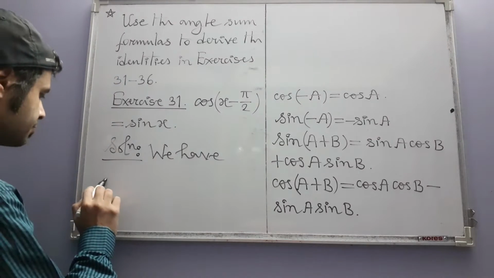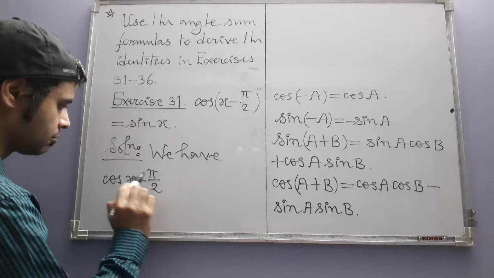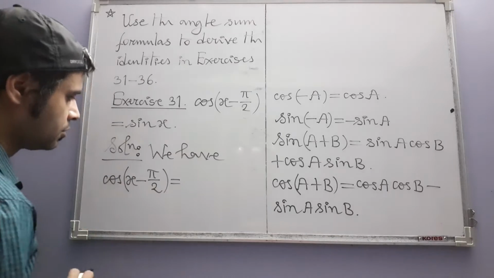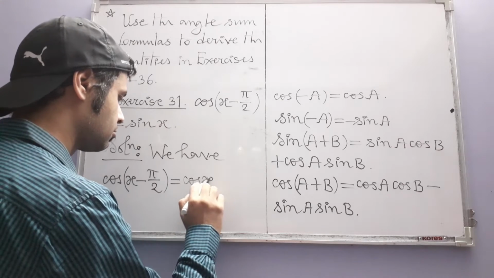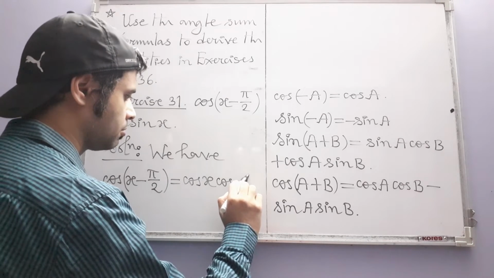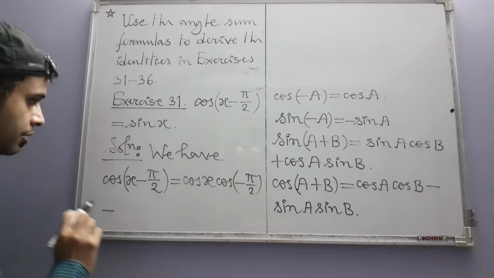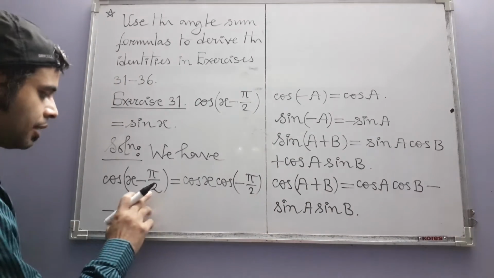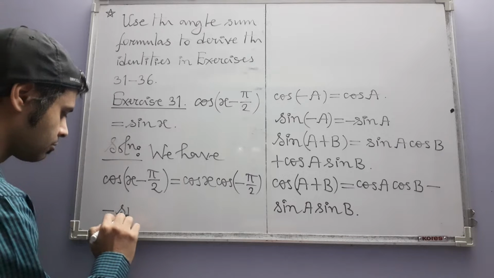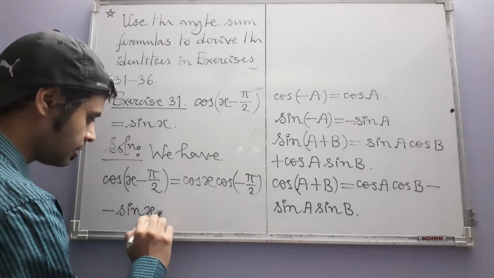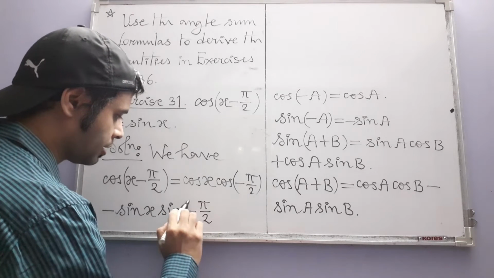We have, so we are going to just simply use this one. Cos x cos of minus pi over 2, minus, because it is after all a plus b, where b is minus pi over 2, so that's why minus sin x sine of minus pi over 2.